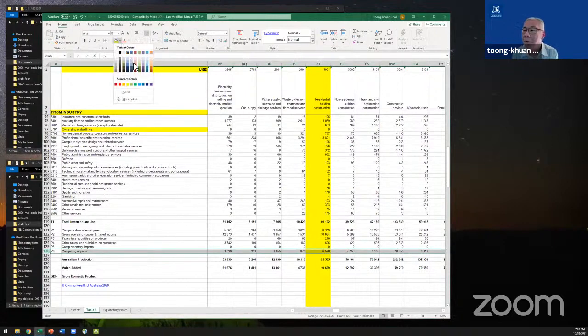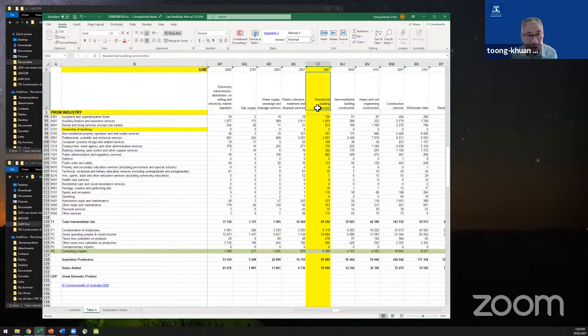Competing imports. I'm going to use green. So remember, it says industry which uses. So the using industry is residential. And residential uses $6,598 million worth of imports to produce 95 billion worth of output.